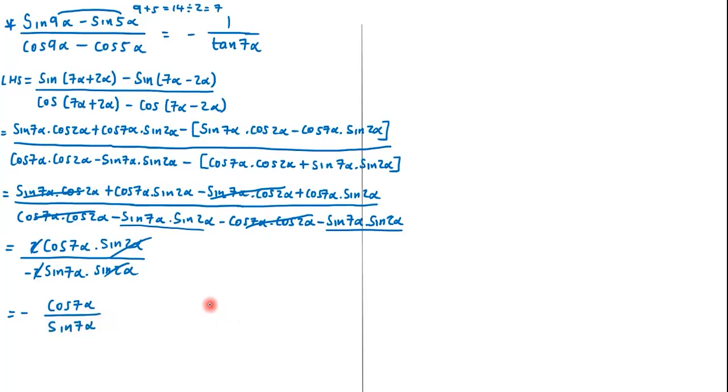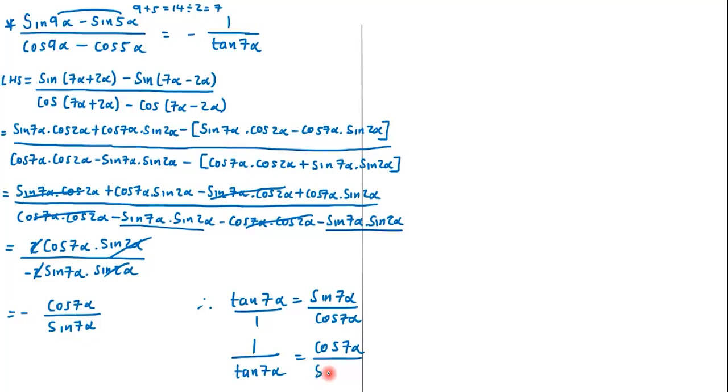Now I know that tan 7 alpha, right, it is sine 7 alpha over cos 7 alpha. So if I then try to find the reciprocal of this, it's going to be 1 over tan 7 alpha, and then this one is going to then be cos 7 alpha over sine 7 alpha.